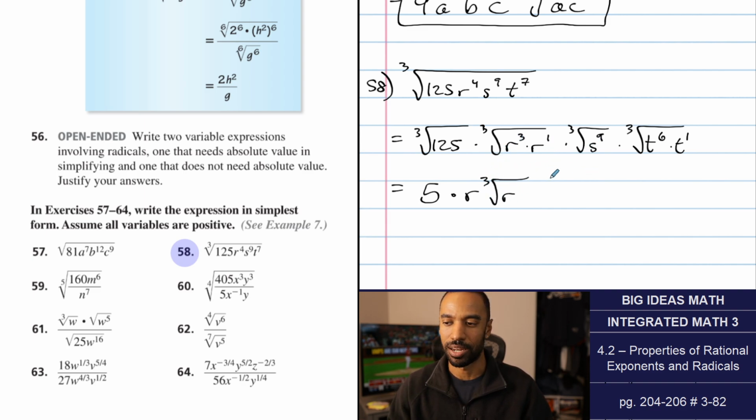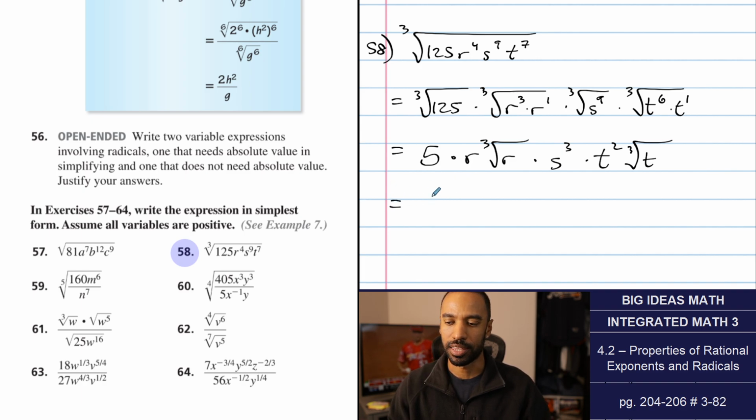This one remains inside, it doesn't change. 9 divided by 3 is 3, so that comes outside, and 6 divided by 3 is 2. As that one comes outside, this one remains inside the cube root. So everything on the outside stays on the outside: 5, r, s cubed, and t squared. On the inside of that single cube root will be the following, r and t.